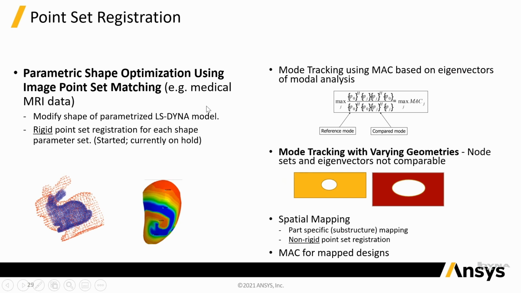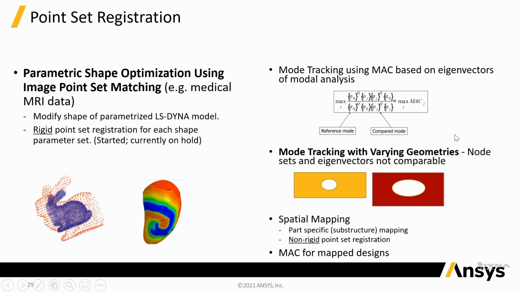For instance, if you have medical imaging data, so you have an MRI image, and then you have an LS-DYNA model of a body part, let's say, such as a heart. Then you can use rigid point set registration to match the LS-DYNA model to that point set.